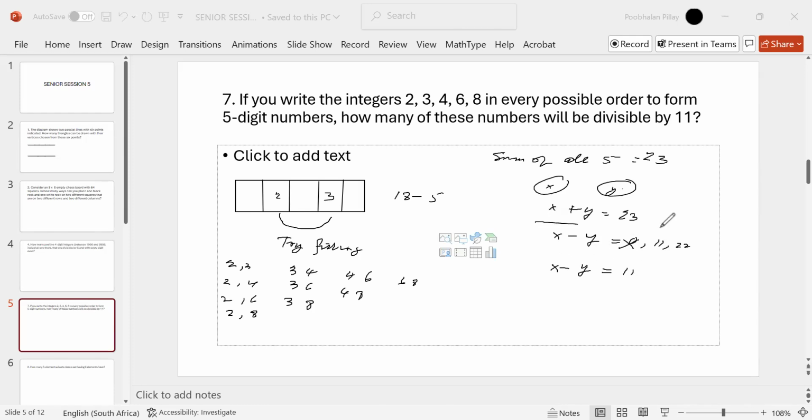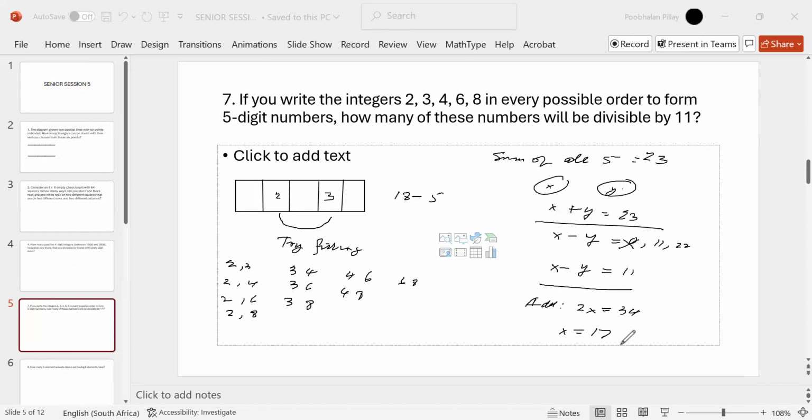So if x minus y equals 11, then you've got 2 equations and 2 unknowns. So if I add these 2, I get 2x equals 34, 23 plus 11, and x is equal to 17, right?